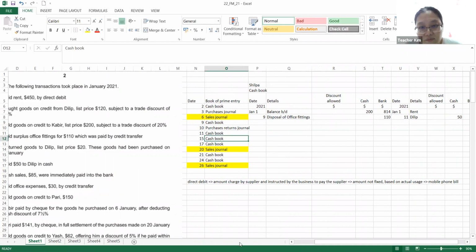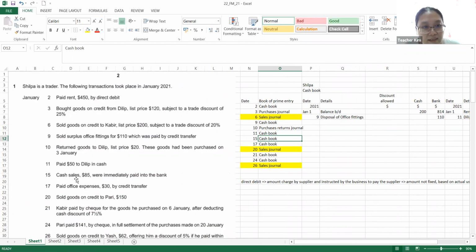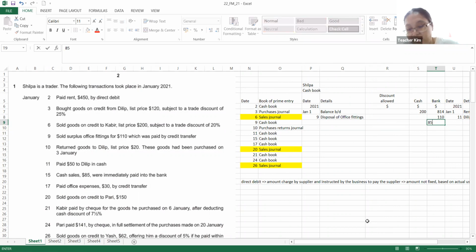And then on 15, cash sales 85 was immediately paid into the bank. The moment we saw the bank, go to the bank and do the recording. So this one is 85, and this is a sales entry on 15. On 17, pay office expenses. Credit transfer, that means you are transferring to somebody.